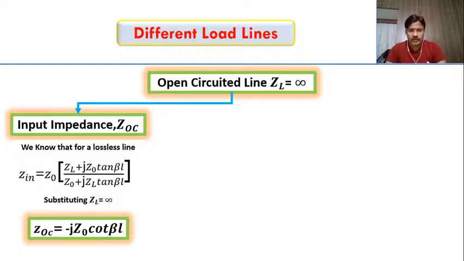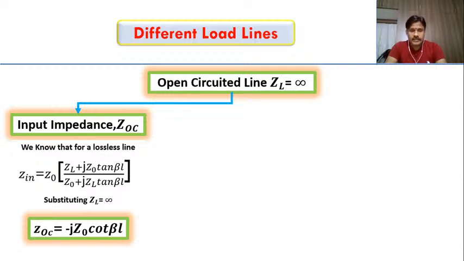Previously, for the short circuited line, we got ZSC equals j Z0 tan beta L. Now it is exactly reversed with respect to sign as well as function: it is minus j Z0 cot beta L. Students, remember, in place of ZL you have to substitute infinity, but don't substitute in the direct formula.